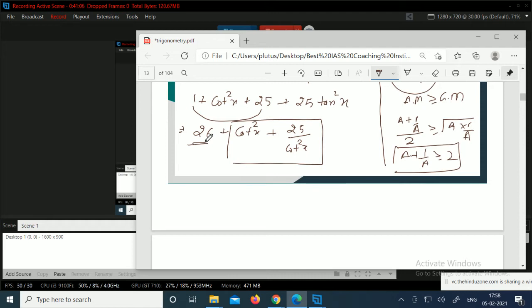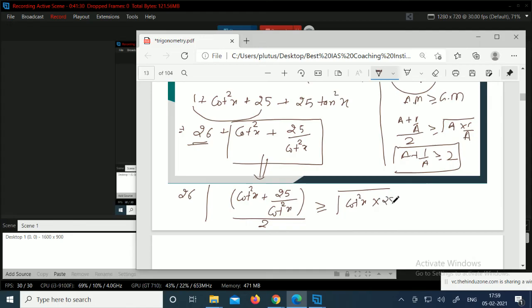So if I apply this here, 26 is constant. For this part, let me calculate cot square x plus 25 cot square x by 2. AM is greater than or equal to GM, which is cot square x into 25 cot square x, that gets cancelled.